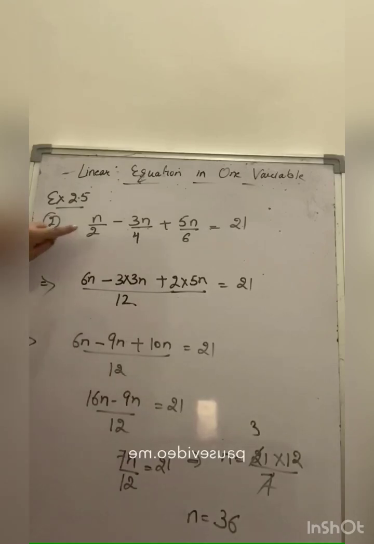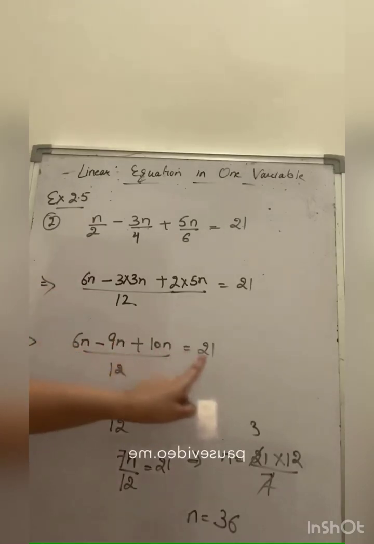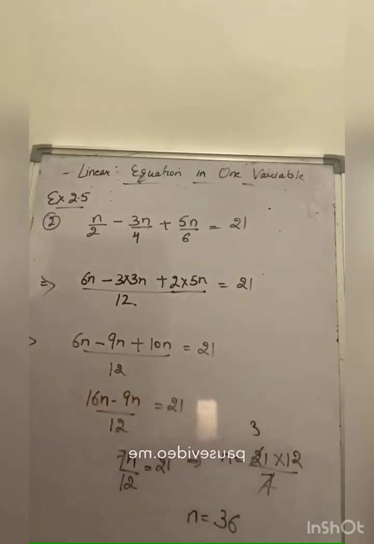See again, first of all we have to take the LCM. So we took the LCM of 2, 4 and 6, that is 12. Then after taking the LCM we get 6n minus 9n plus 10n over 12 is equal to 21. Then this is positive, this is also positive.